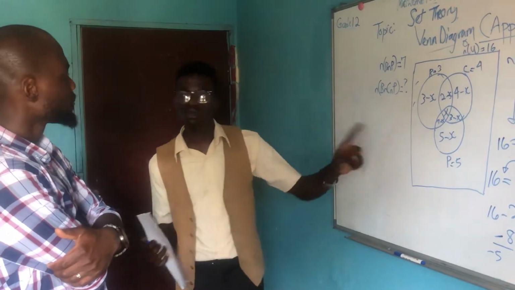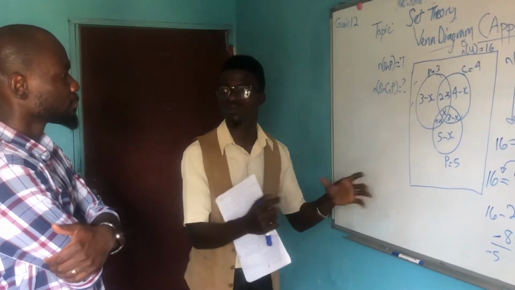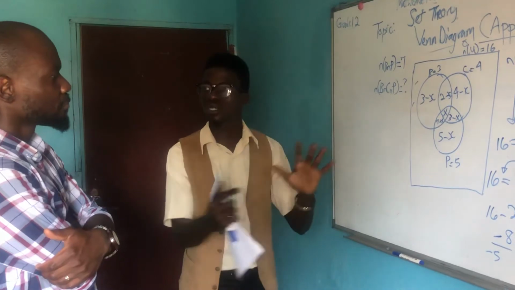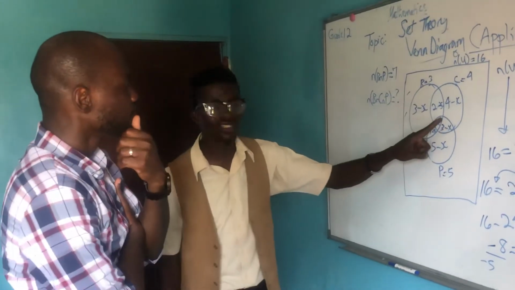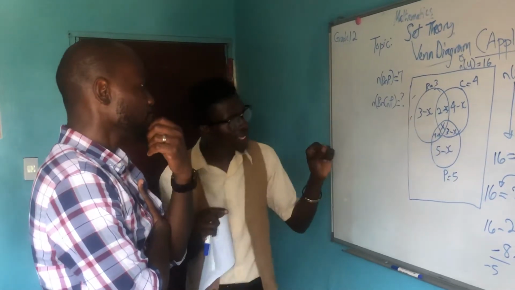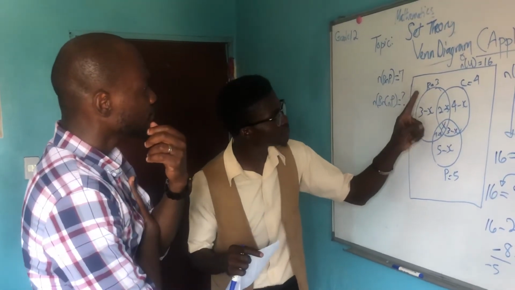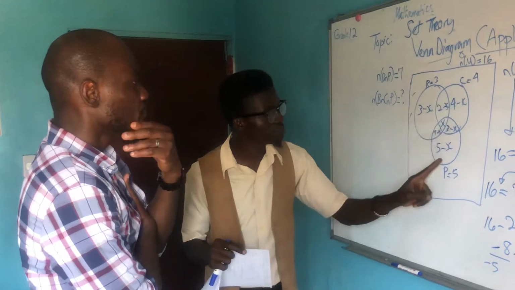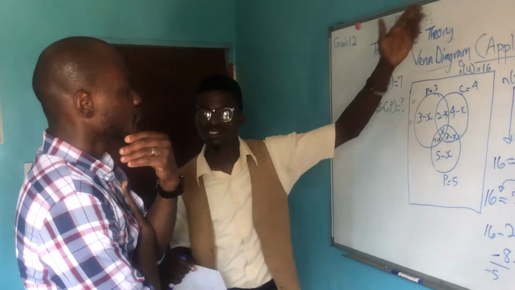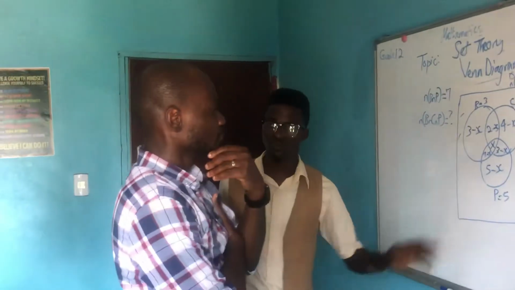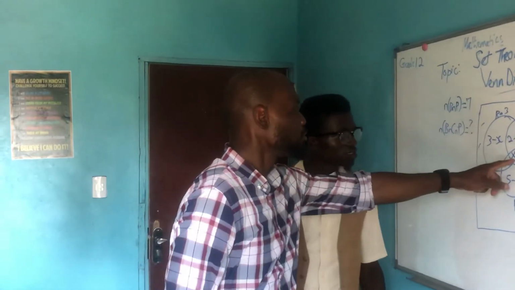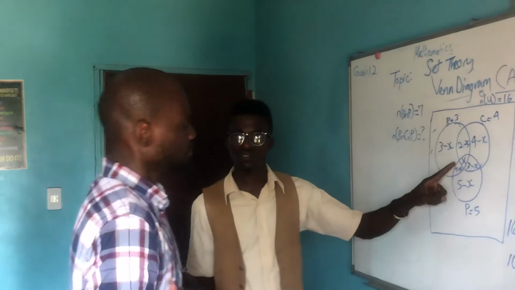When we say union, we're talking about the elements that belong to both A and B, the combination of the sets. So this is a union then? No, this is the intersection. That is the element that belongs to B, C, and P. Here B represents biology, C chemistry, and P physics. So this would be all the students who know all 3 subjects? Yes, all 3 subjects.